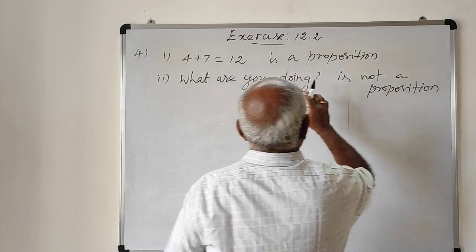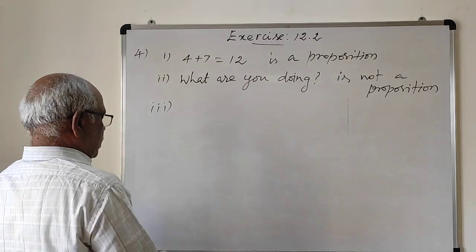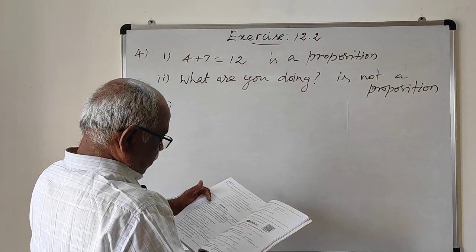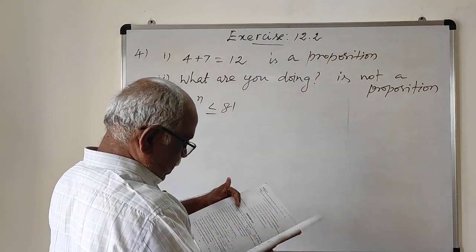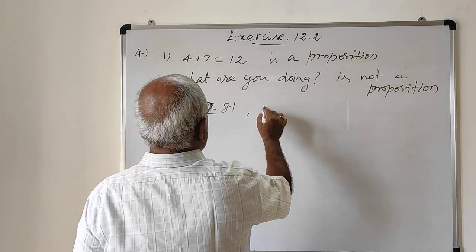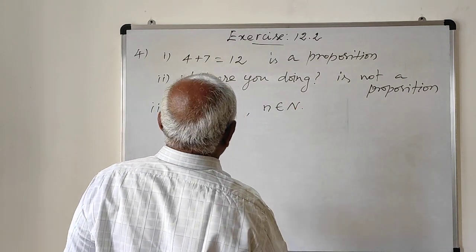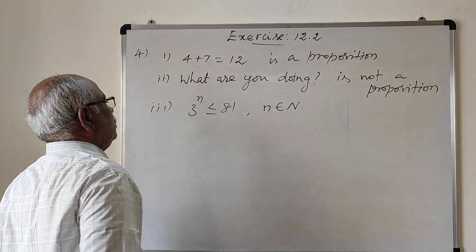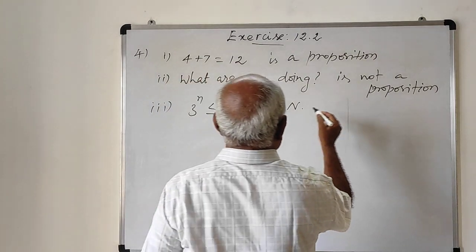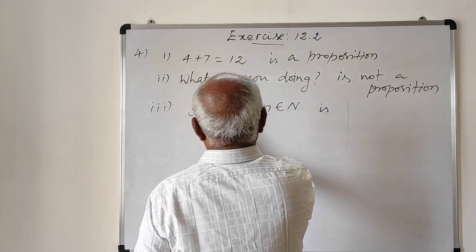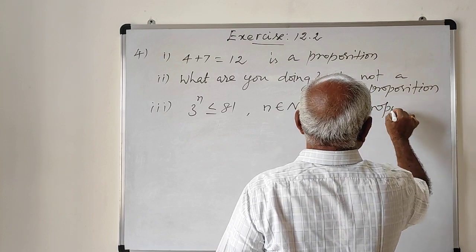Third one. 3 power n is less than or equal to 81, where n belongs to capital N. It is also a declarative statement, therefore it is a proposition. In some cases it is true or false.